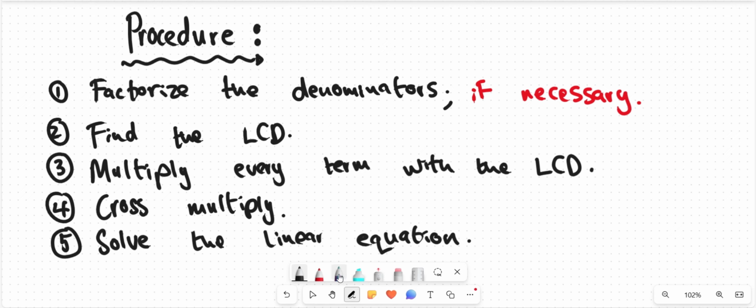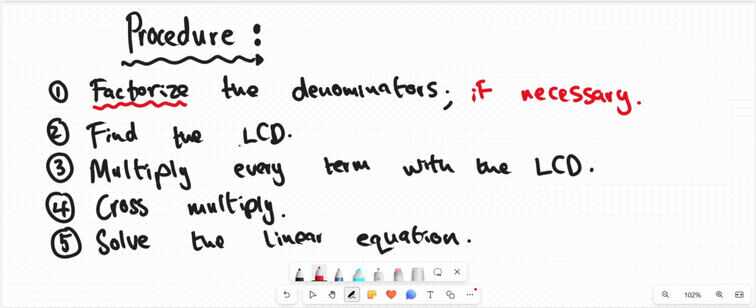Step number one, you need to factorize the denominators. Not all of them can be factorized. If you had a look at the examples we did, I think only the last two could be factorized. So some of them cannot be factorized, so you would skip the step. But for some, you can factorize, so you would actually need to factorize.